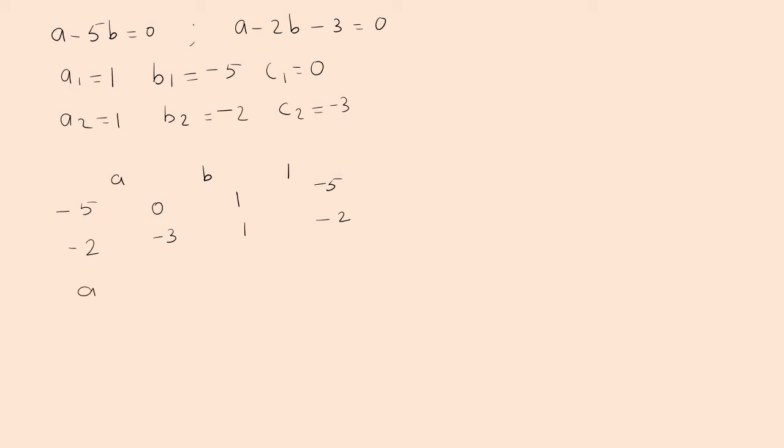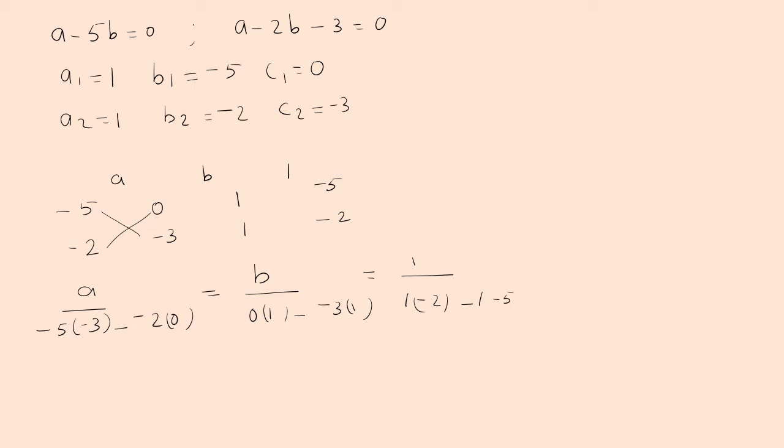So you are having a upon b1 c2, that is minus 5 multiplied by minus 3 minus 2 multiplied by 0, equal to the variable b upon 0 multiplied by 1 minus minus 3 multiplied by 1, equal to 1 upon 1 multiplied by minus 2 minus 1 multiplied by minus 5.